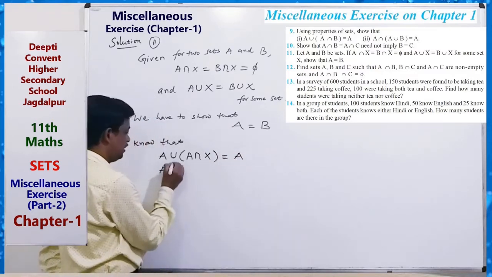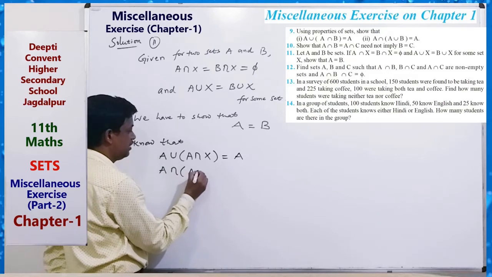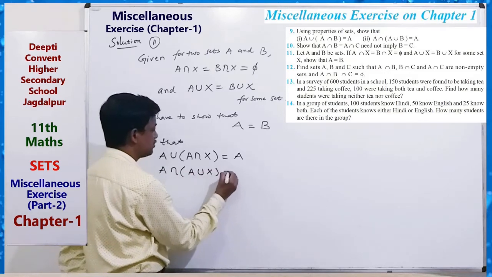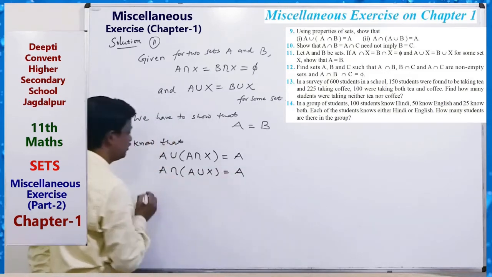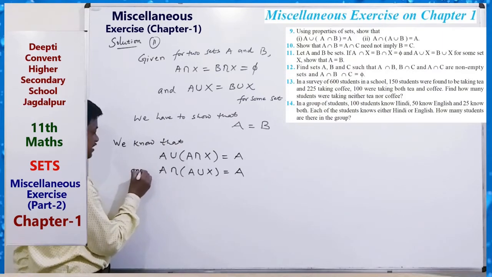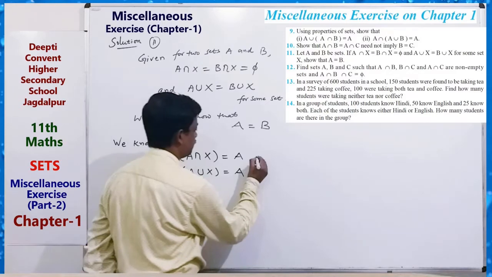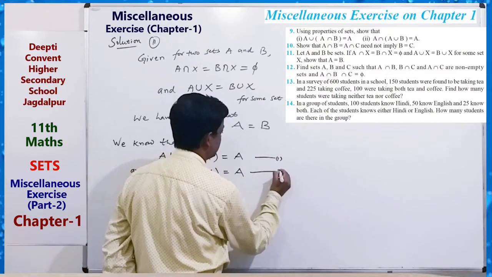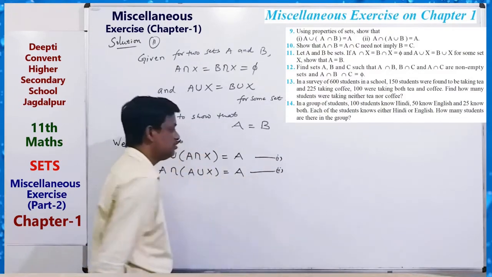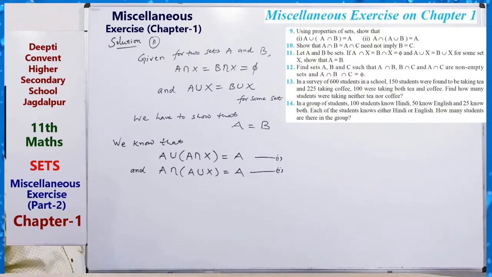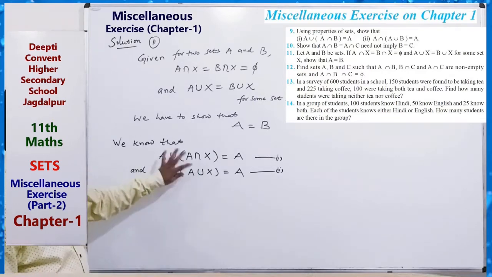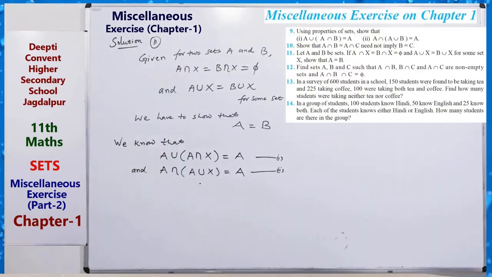A. If intersection, then here A union X equals to A. We know that this and this. First and second, we can use this. Clear? By using this, we can prove.